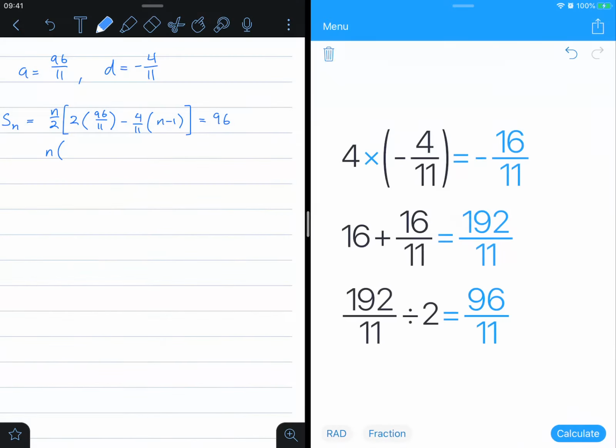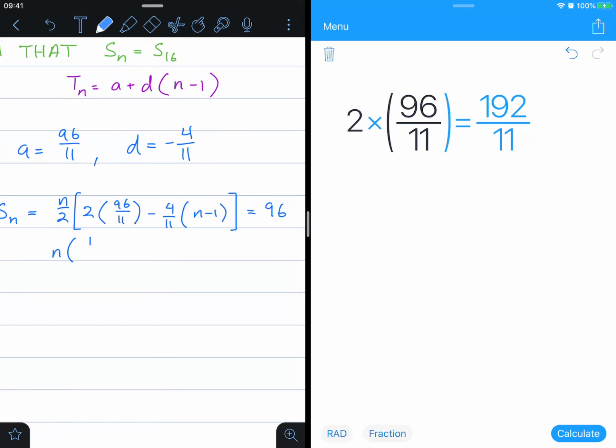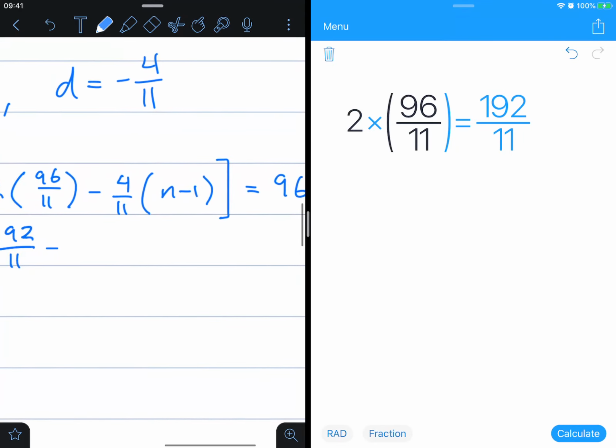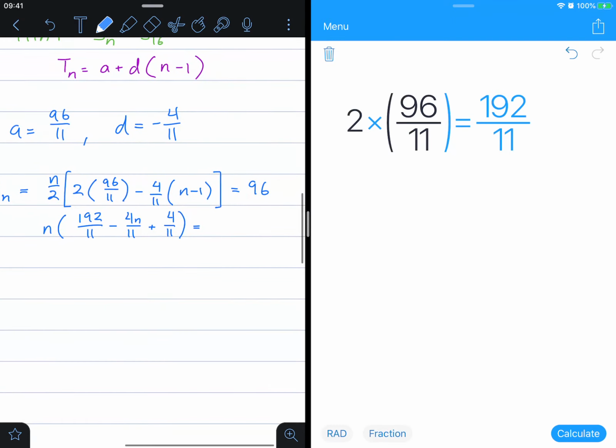2 times 96 over 11. We get 192 over 11 minus, I'm going to expand this bracket here. 4 times n over 11 is going to be 4n over 11. Negative 4 over 11 times negative 1 is plus 4 over 11 equals, because we've multiplied by 2, 96 times 2 is going to be 192.